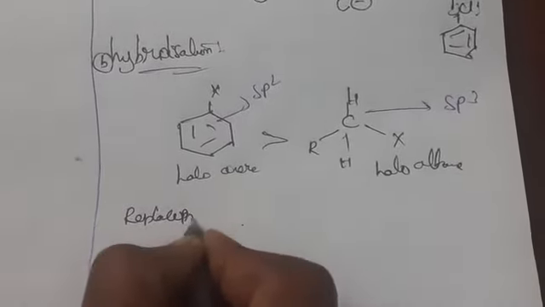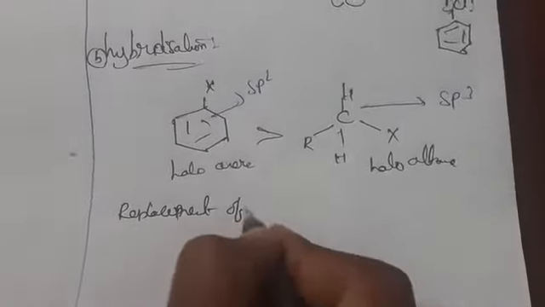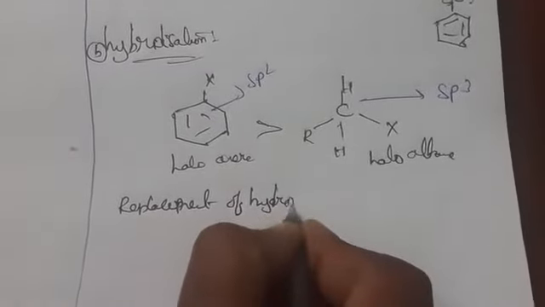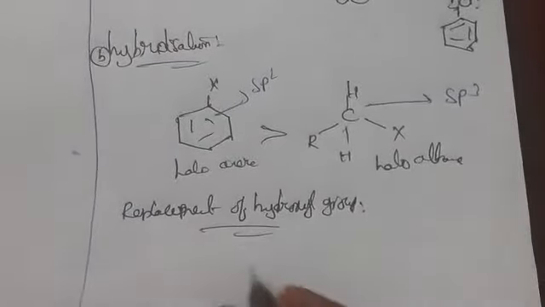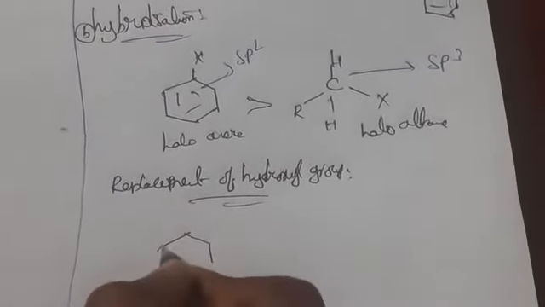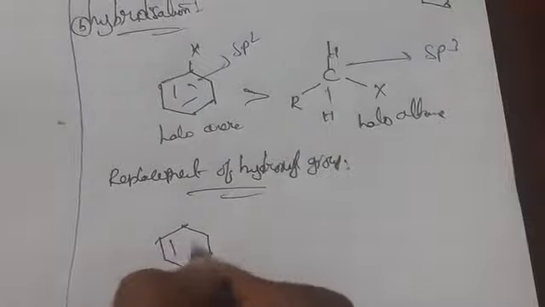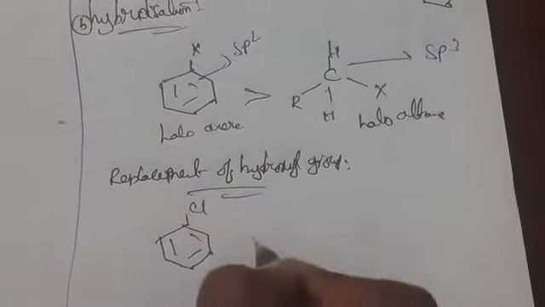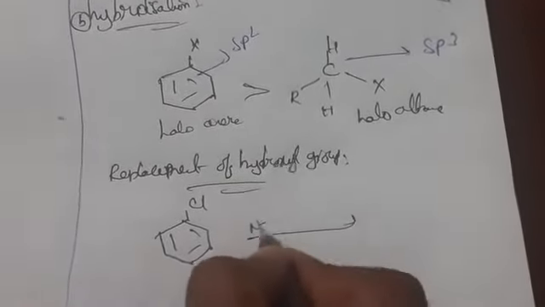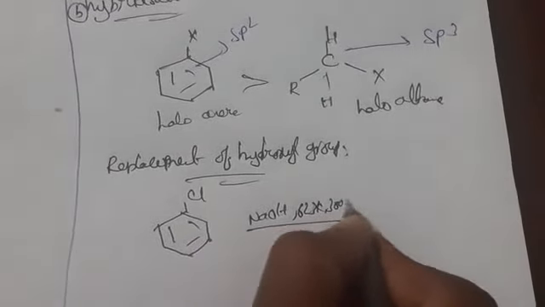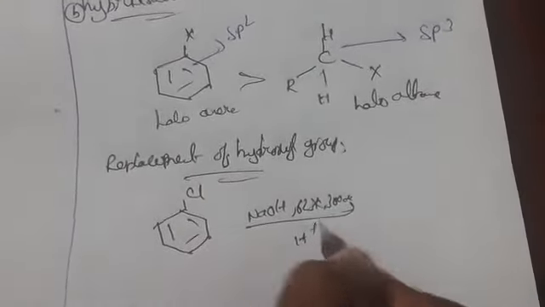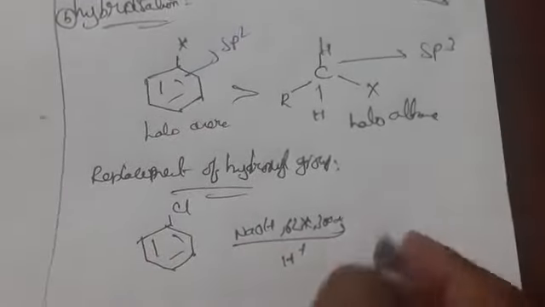Replacement of hydroxyl group. If you take chlorobenzene and NaOH, at 623 Kelvin and 300 atmosphere, then H plus, NaCl is lost. So what happens?